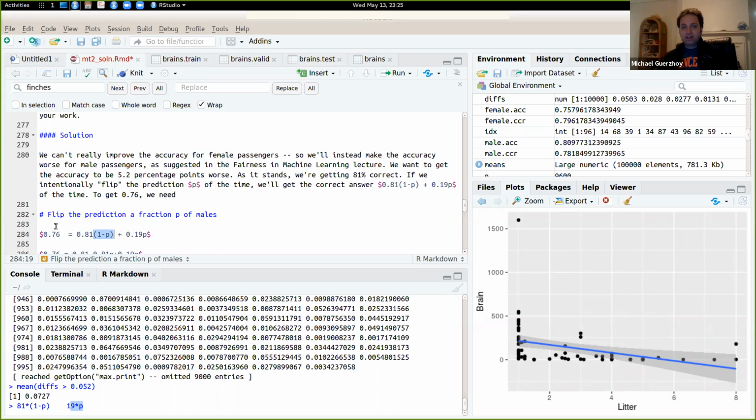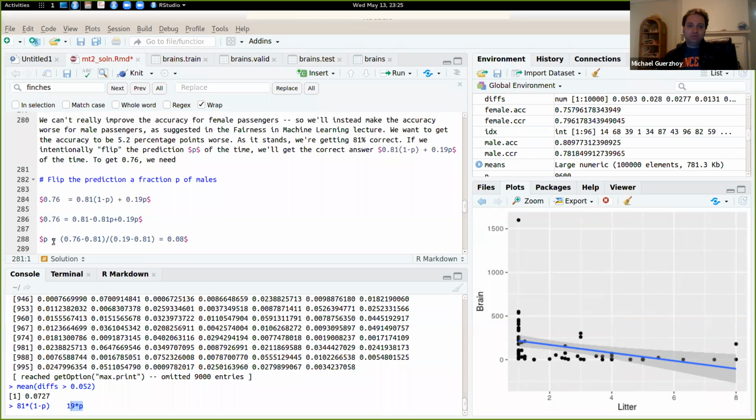And I want my new correct classification rate to be 0.76. So I just write this equation, and now I can figure out what P is. In this case, P is going to be 8%. So in 8% of the cases, I'm supposed to flip the prediction for males so that I get a 76% CCR for males.